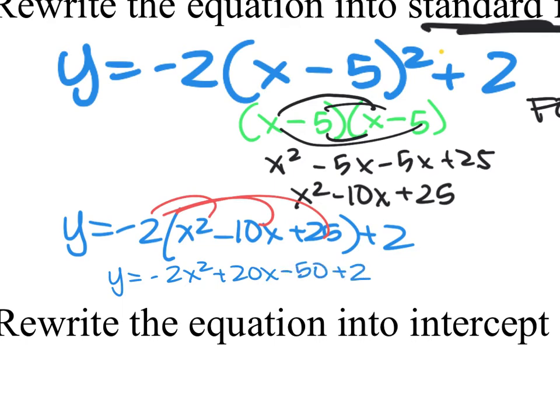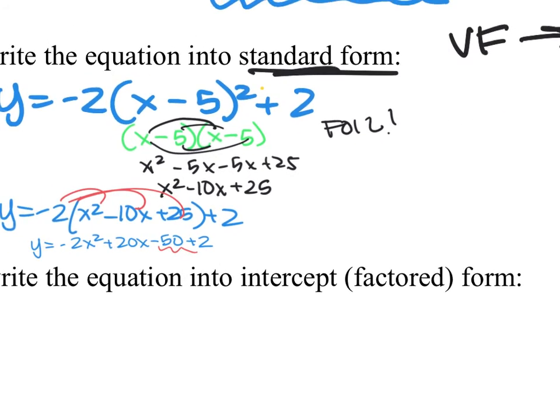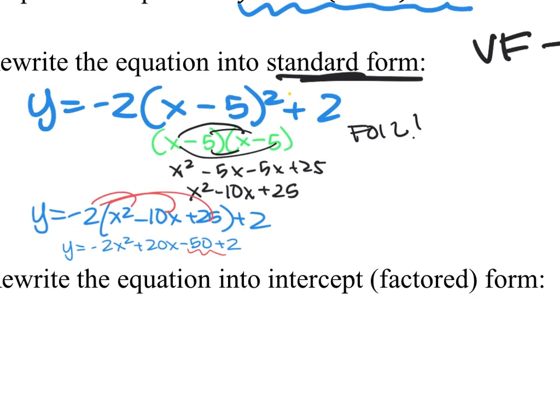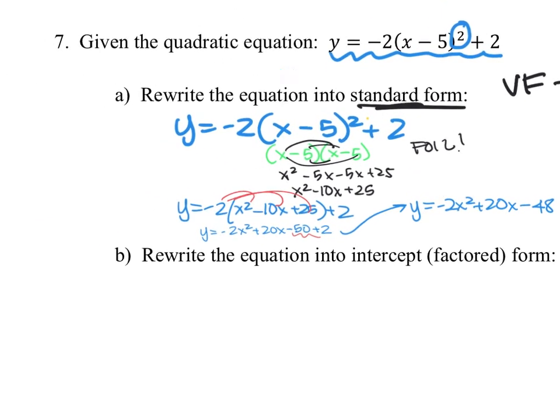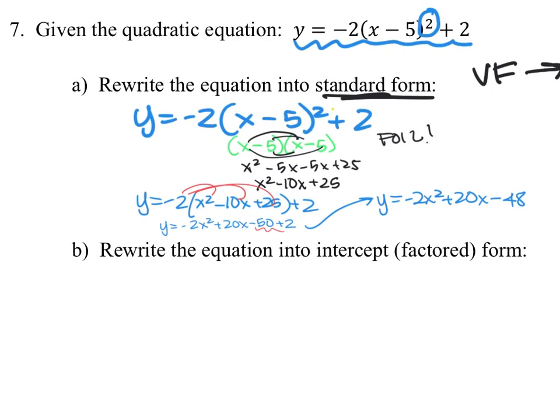So the last thing we need to do, combine those, and our final answer is y is equal to negative 2x squared plus 20x, and that negative 50 and the plus 2, negative 48. All right, so that's letter A, writing it from vertex form to standard form.